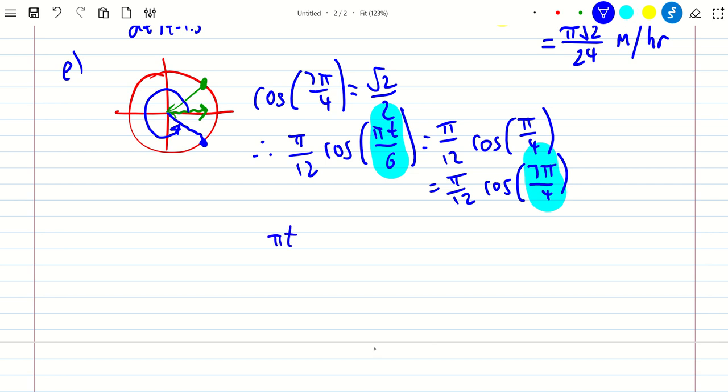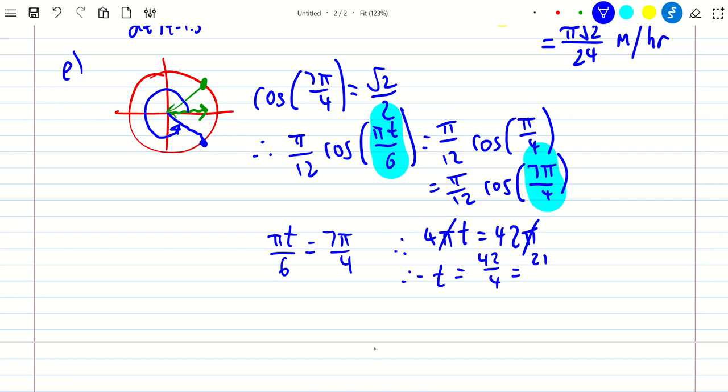Again, we'll cross multiply, and so we get 4 pi t equals 42 pi. The pi's cancel out, and we get 4t is equal to 42. So that's 42 over 4, which is 21 over 2, which is 11.5 hours. So t is equal to 11.5 hours.